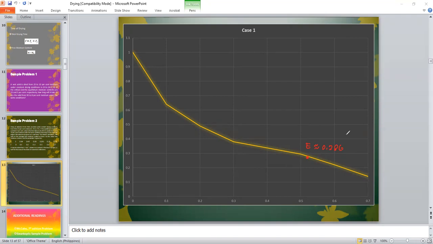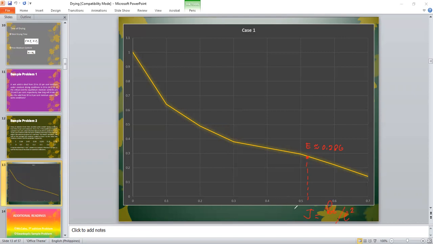So what will you do with that? With this E, which is 0.286, you go down and you find here the J. This J, which is K T over L squared. Okay, what is this J?